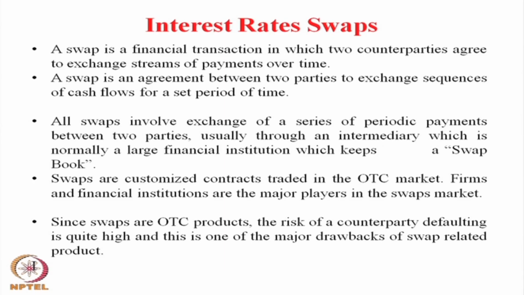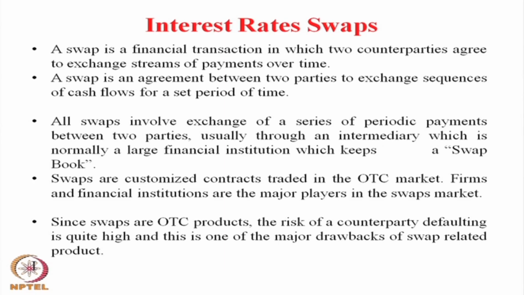The two parties may not know each other; an intermediary introduces the two parties, and they exchange the stream of cash flow which is profitable to both of them through the intermediary. Generally the intermediary is a financial institution, which keeps the record, called the swap book, for the two parties, and by doing this the intermediary gets a commission from the two parties.